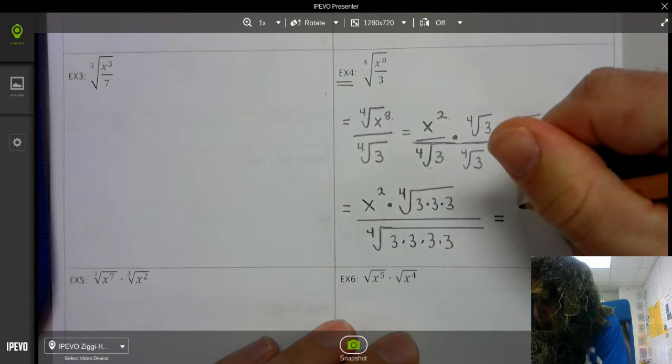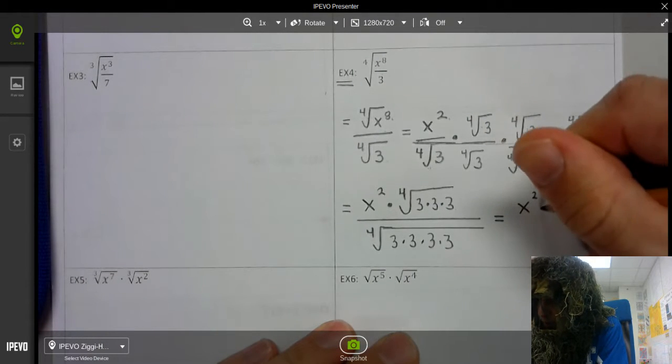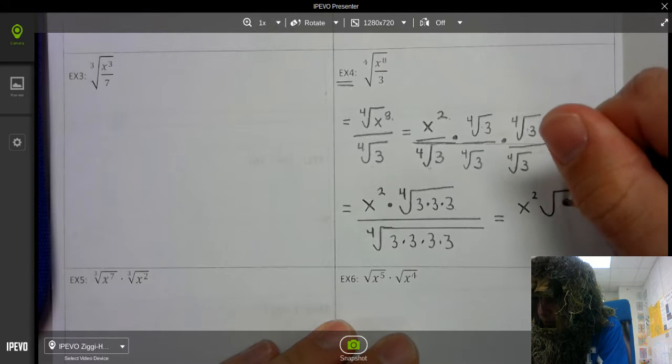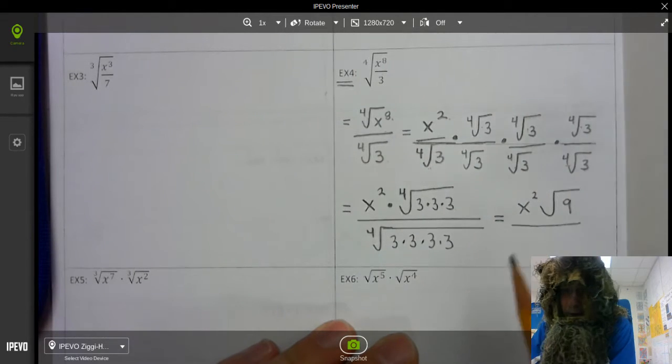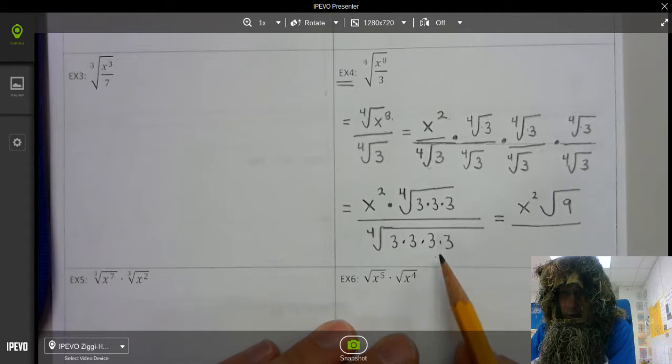Well, this becomes x squared times the fourth root of 27 over 3. And I'm going to put this in the calculator to show you what happens.